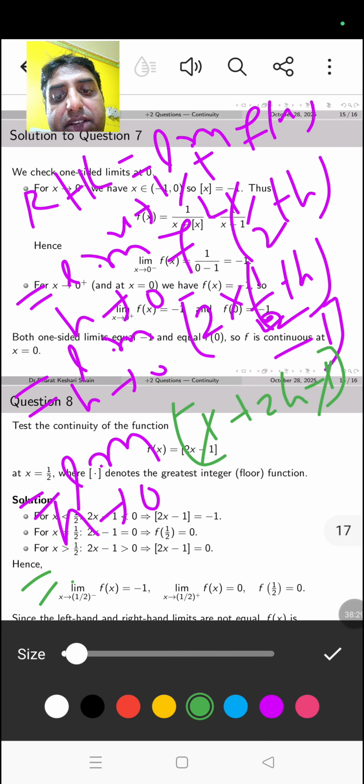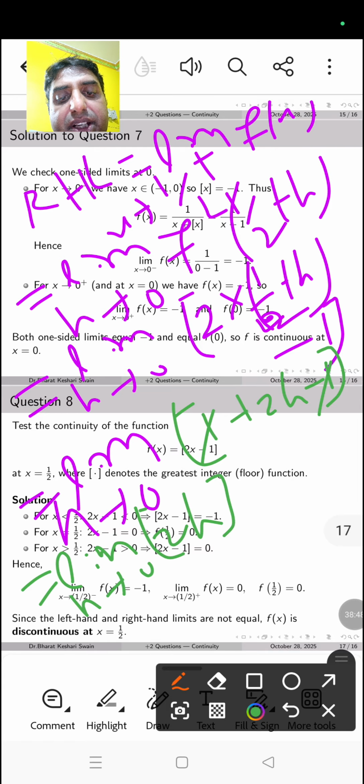So 2h is always positive, and suppose h is very small, 0.001, so the greatest integer of 2h will be what?